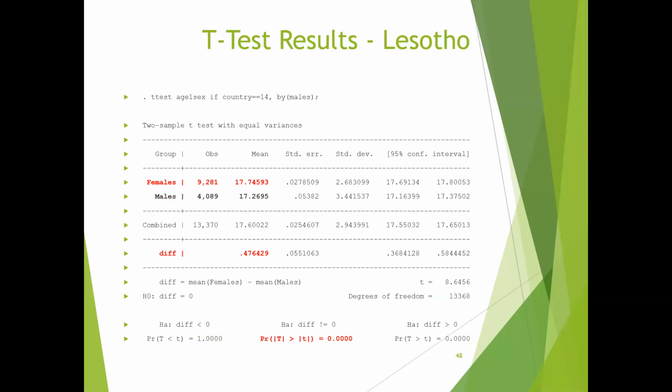Correct. That would be reflected in the calculation. Here's what you would see in terms of the confidence interval. One of the confidence intervals would be negative and one would be positive. That's what you would see.